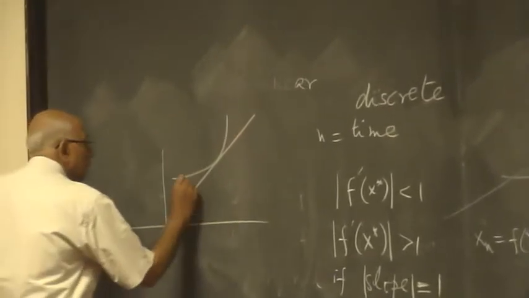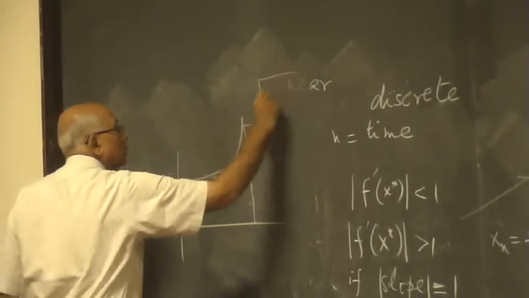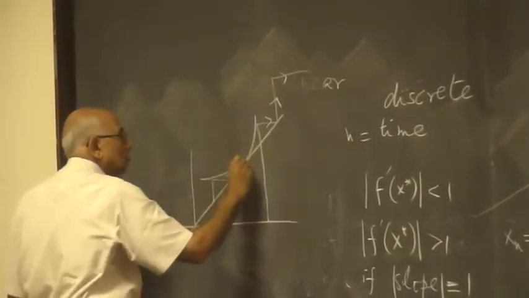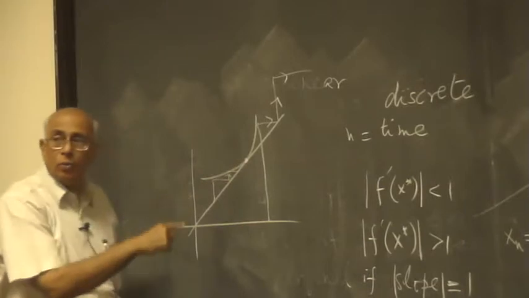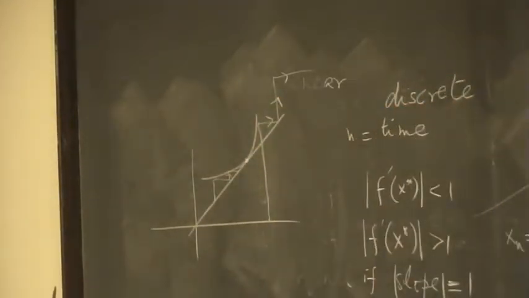So if you start here, you will flow in, but if you start there, you will flow out. So this has slope exactly equal to 1, but it is stable from one direction, unstable from another direction. So I would say it's unstable in any case, because it's not coming back from all directions. But it's a marginal fixed point.